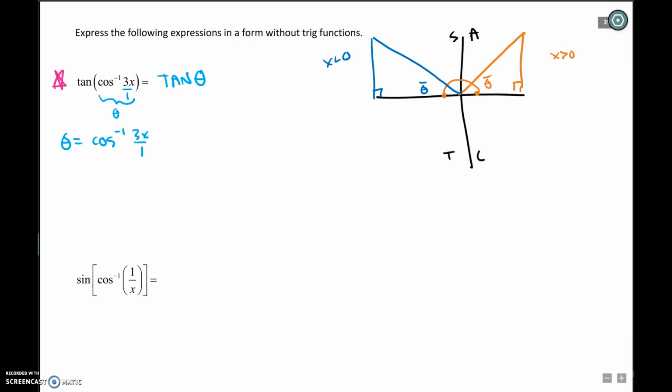Cosine is adjacent over hypotenuse. So let's find this unknown side. 3x squared plus a squared equals 1 squared. A squared equals 1 minus 9x squared. So a is equal to plus or minus the square root of 1 minus 9x squared.